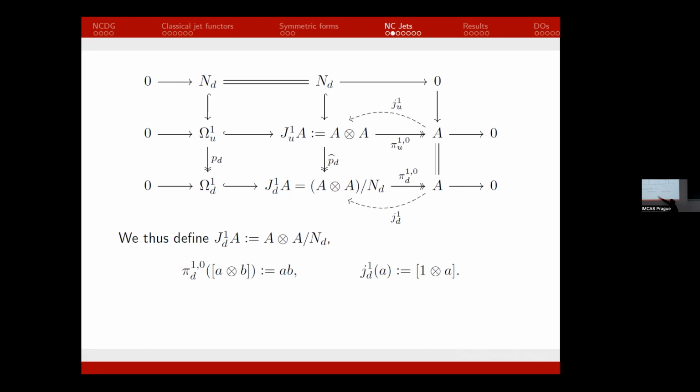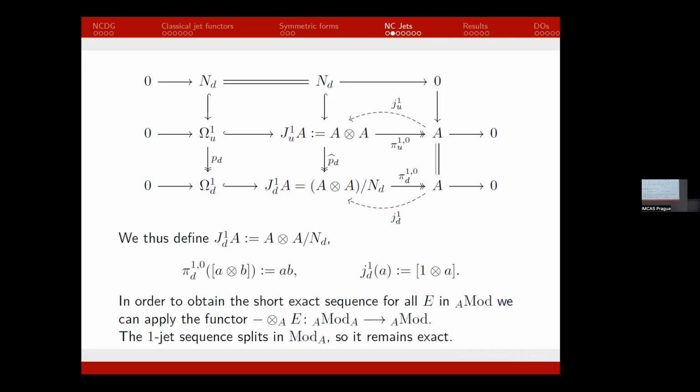We take as a projection the product again, but this time applied to the class. And there's the prolongation, this map, so one tensor A in the class. And now we can see that the P hat D is precisely the mapping that maps A tensor B into its class. So that's why it's very important.